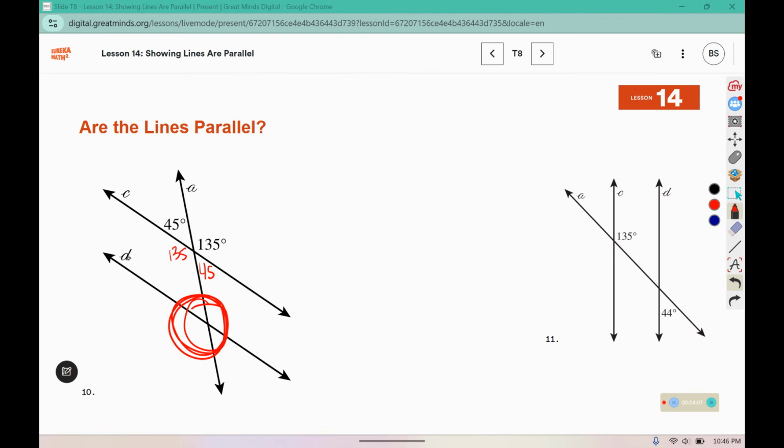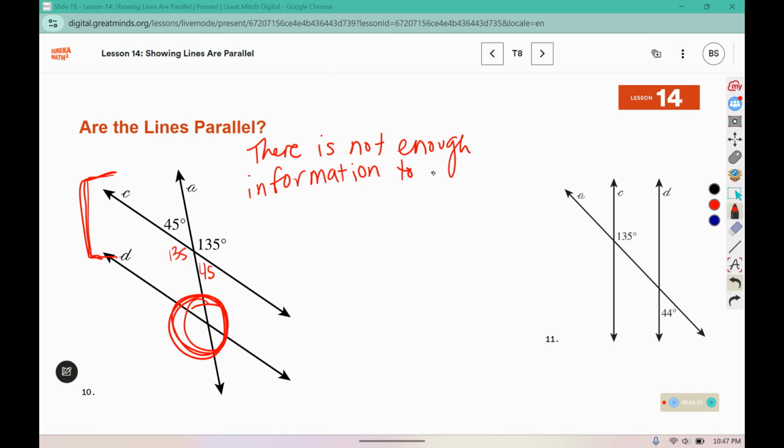So we don't have enough information to tell, in this case, if C and D are parallel because we don't have any angles around line D. So we will say there is not enough information to determine if lines C and D are parallel.